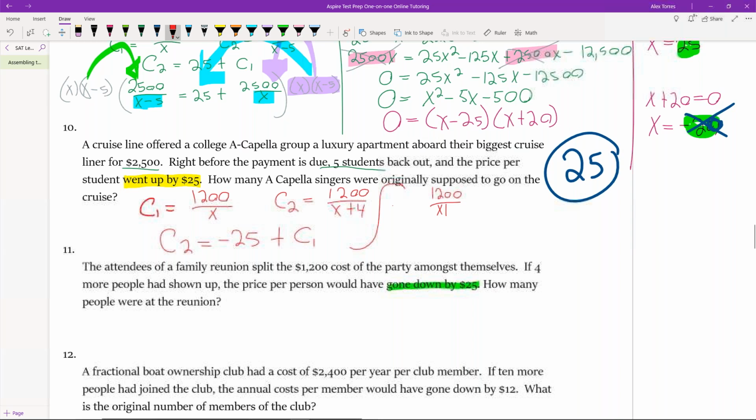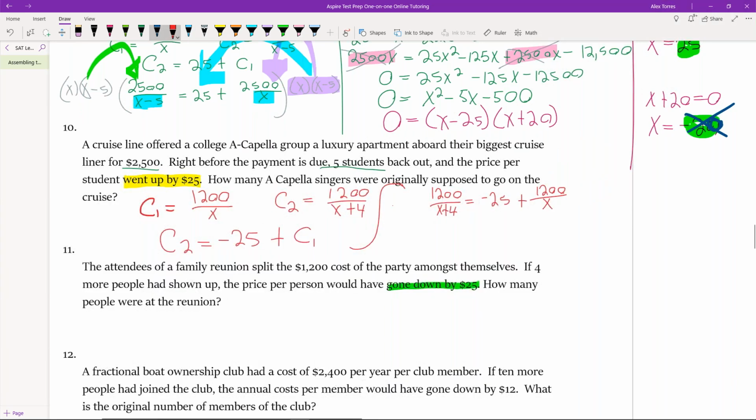1,200 over x plus 4 equals negative 25 plus the 1,200 over x.